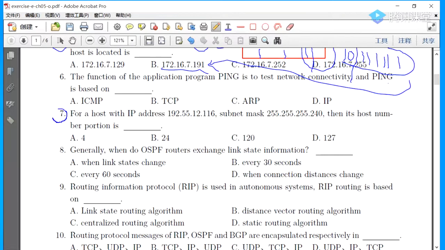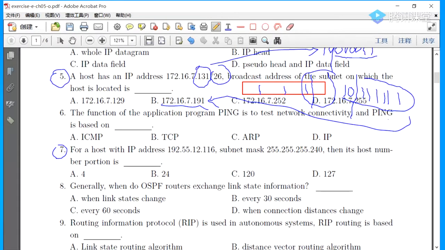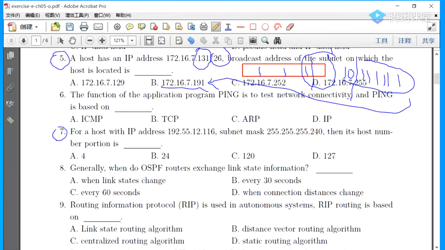Question 7 is similar to question 5. Just now we knew /26, but now it directly gives us the subnet mask, right? Then the host with IP address 192.55.12.116.